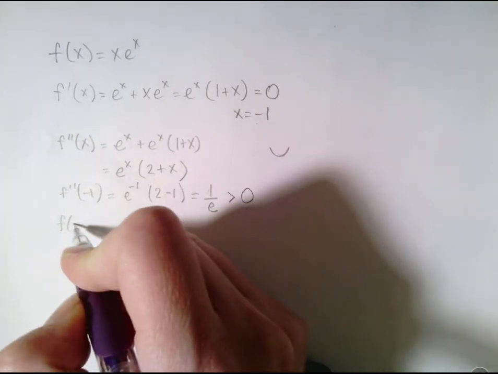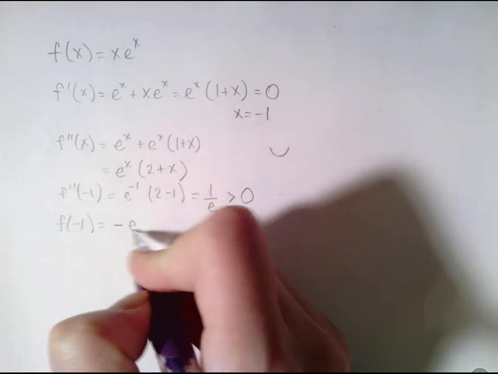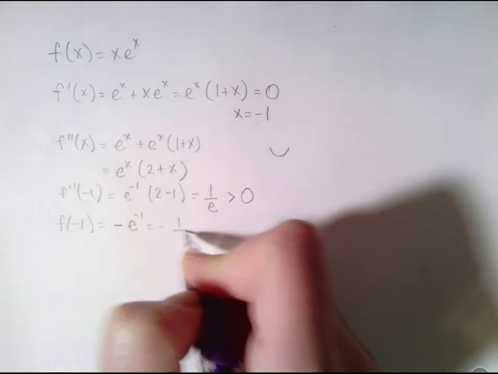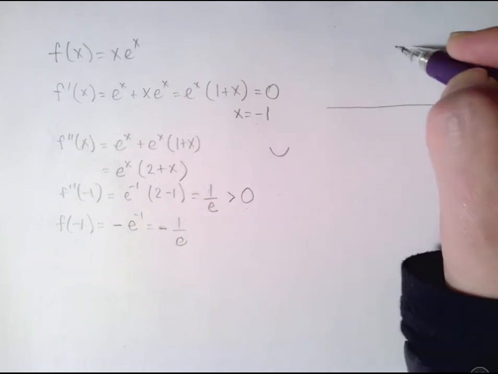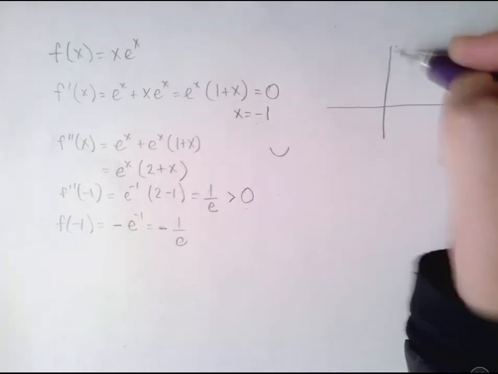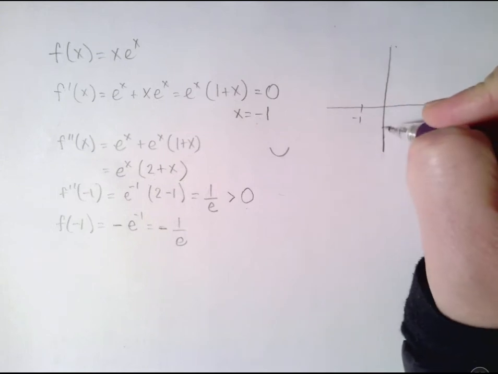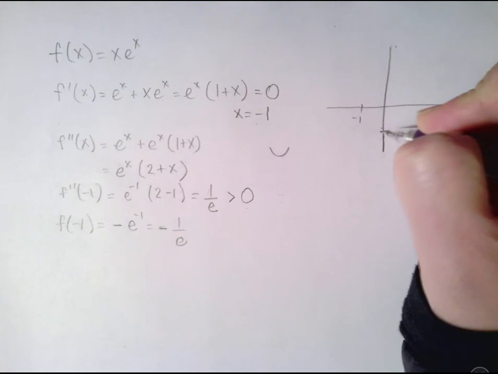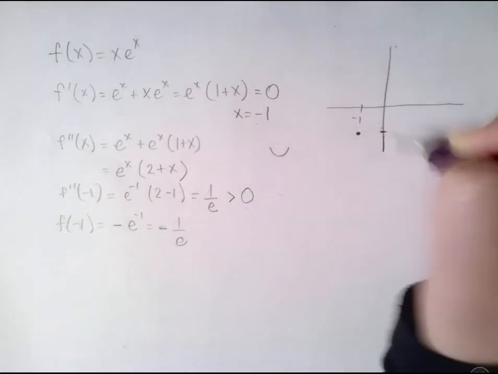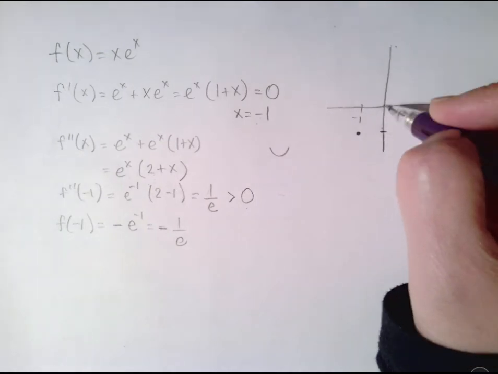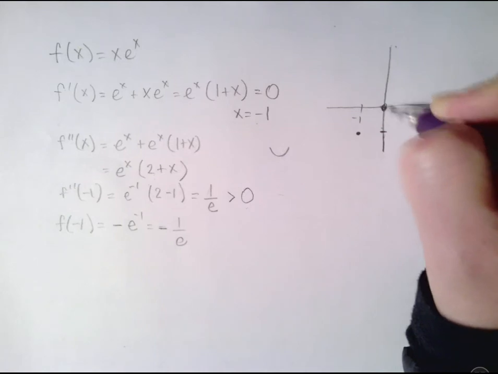So f of negative 1 is negative e to the negative 1, which is negative 1 over e. So now we can draw the function. At negative 1, we have the value negative 1 over e. So that's a very small value. Okay. We also know that the function at 0 is just 0, so that's another data point.